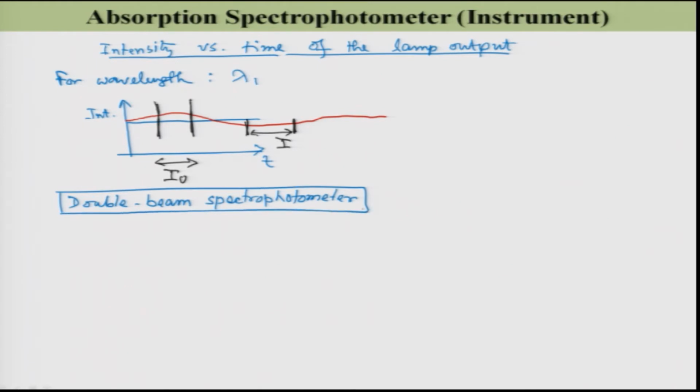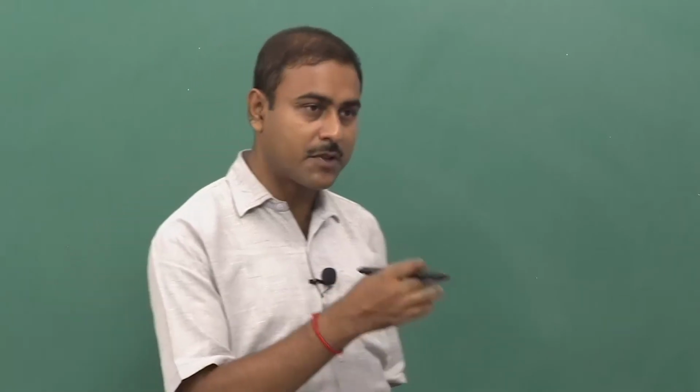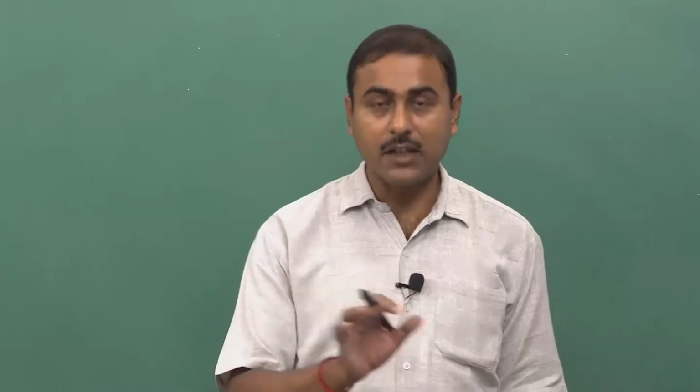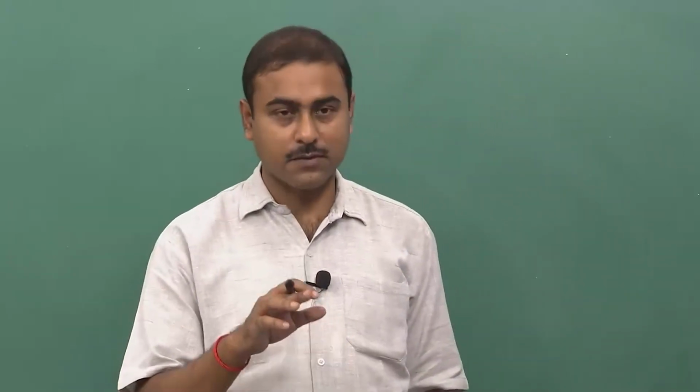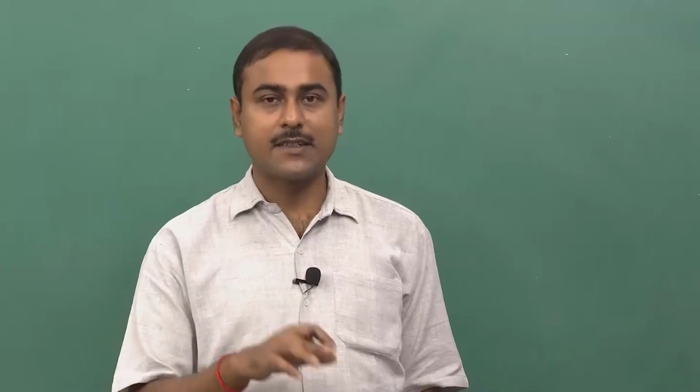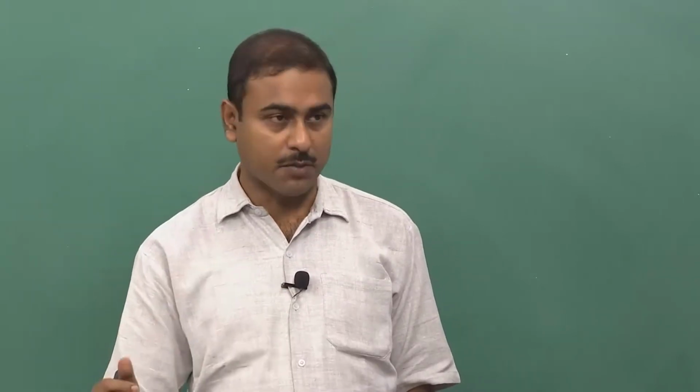I can easily solve this problem if I measure I 0 and I simultaneously. So, whenever I am measuring I 0, I am measuring I. Whenever I am measuring I, I am measuring I 0, right. If I can do that, then this fluctuation of the lamp intensity will no longer be a problem, right.